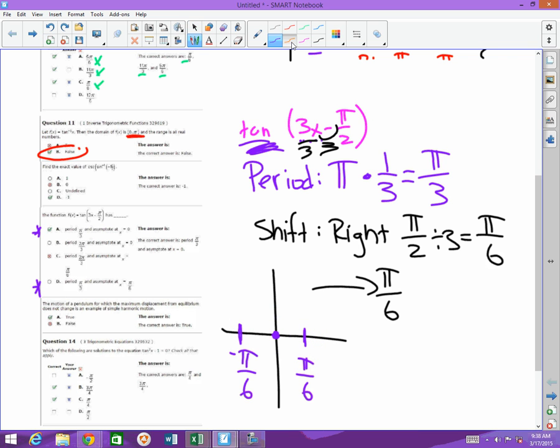So we have to take this whole thing now and move it so it's like that. So then our asymptotes become at 0 and at 2 pi over 6, which is pi over 3. And then the graph goes like so. And this one says the asymptote's at pi over 6, so that's not it. And so it's this one.